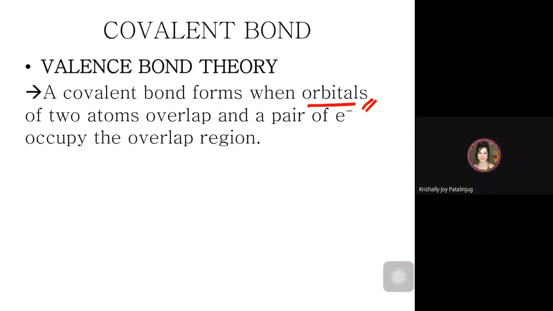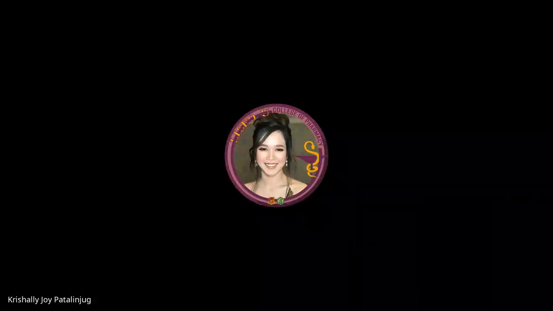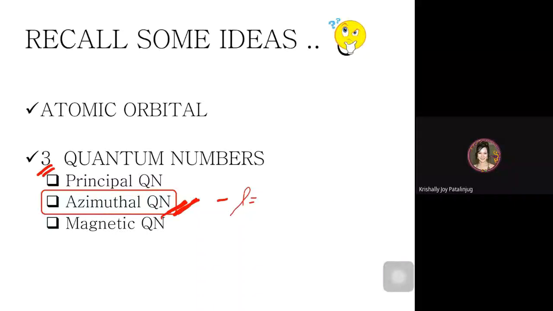The azimuthal quantum number relates to the shape of the atomic orbital, and the magnetic quantum number describes the orientation of the atomic orbital. For this lesson, at least recall the importance of the azimuthal quantum number, designated with the symbol small letter l, or an italic l.